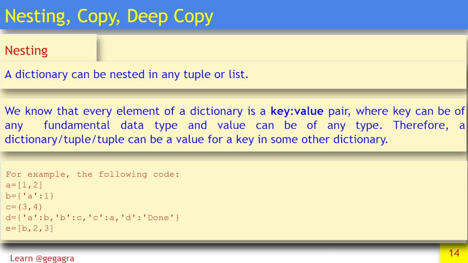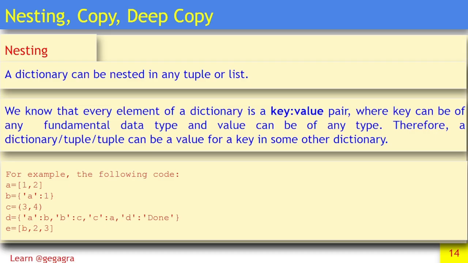When I look at C, C is the key, that is character variable, and A is what? A is the list. So list is nested in dictionary D, and D is the key and done is the value. So this is the complete dictionary where this dictionary contains tuple and contains list as well, and the value is string as well. Okay, so this could be the nested of the dictionary.